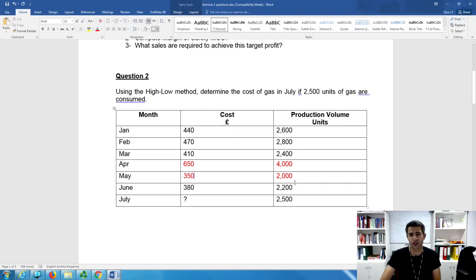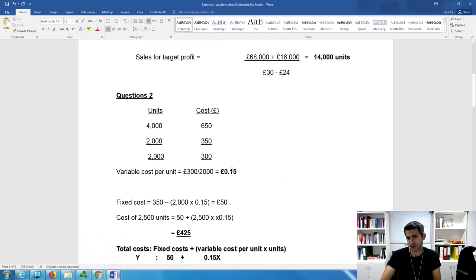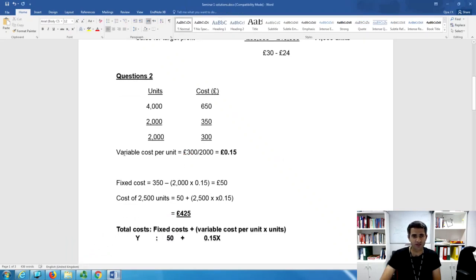So what you need to do is take the difference between them. The difference in units is 2,000 and the difference in cost is 300 pound. So in this case, you need to calculate the variable cost per unit. How to calculate it? You use the cost divided by the units.